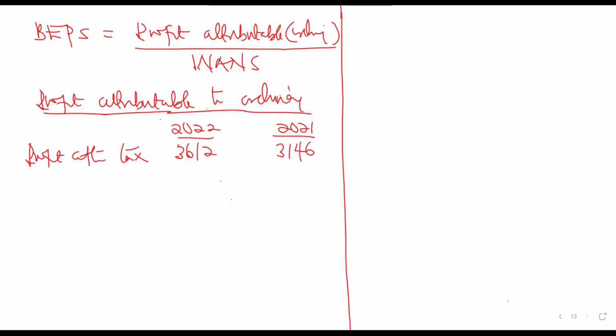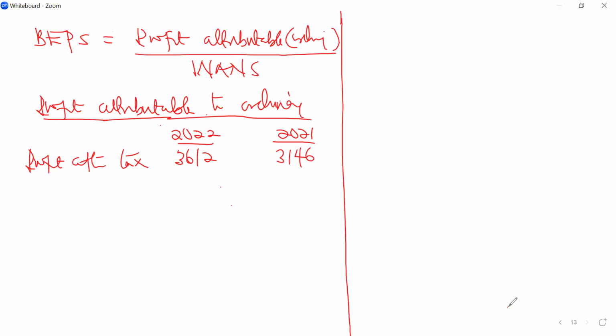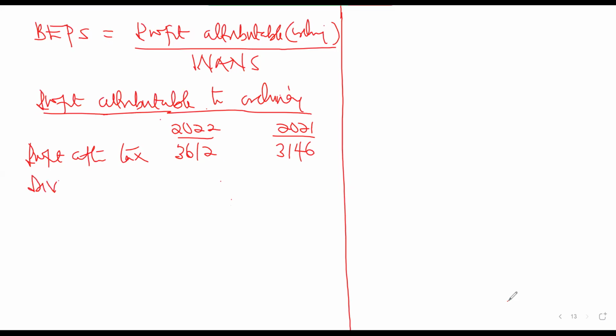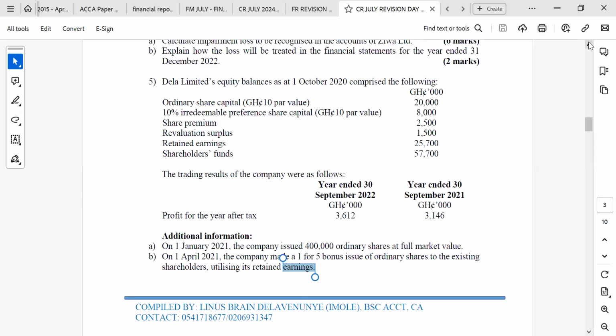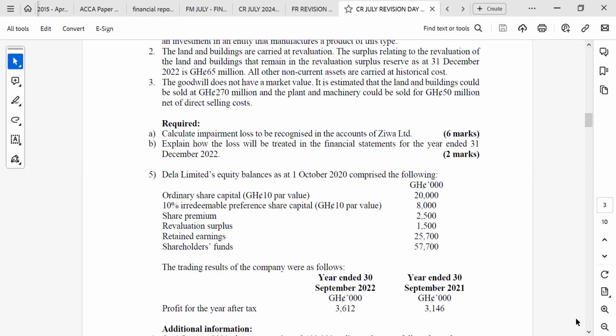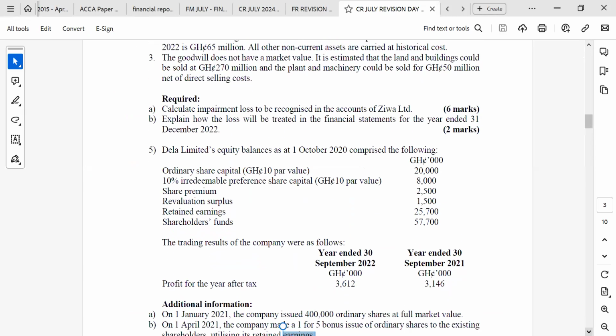So what we do now is subtract the irredeemable preference dividends, which have not been taken away from the profits. How do we calculate that? It is the percentage attached to their shares multiplied by the share value.